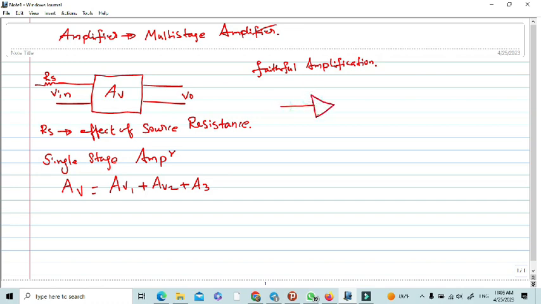This is one circuit, again another amplification, AV2, AV3, like this, like n number of stages are available for amplification. So here this is called AV1, this is called AV2, this is called AV3, this is called AV-nth stage. So this many stages are possible based on the requirement of the customer.